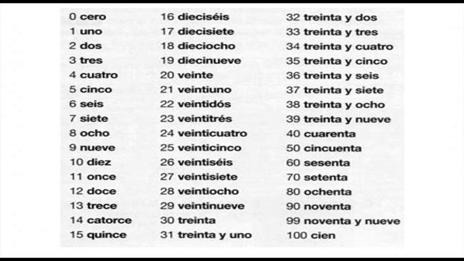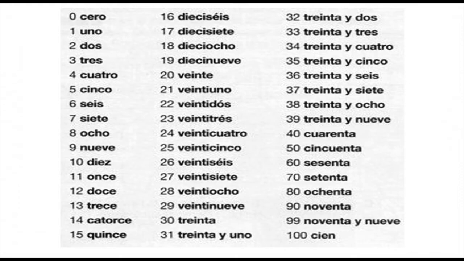Something important to remember as well is that between 30 and 90, all those words, 30, 40, 50, etc., end in an A. 60 and 70 are very similar. The only difference is the S in 60 and the T in 70.